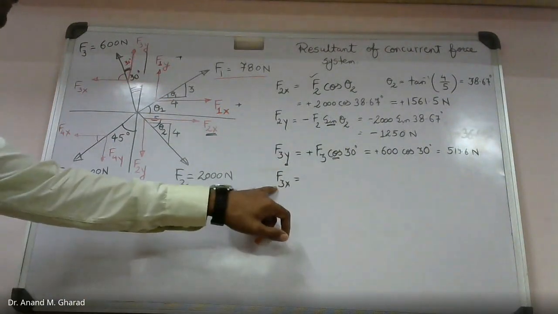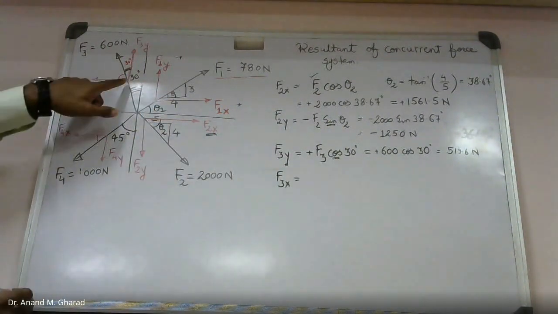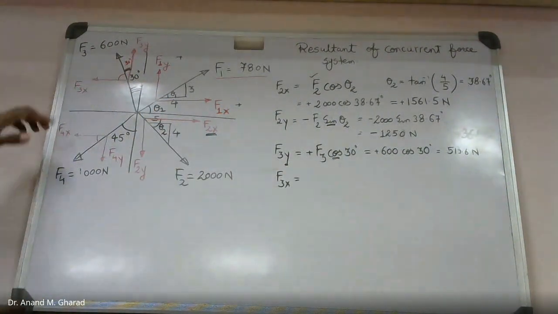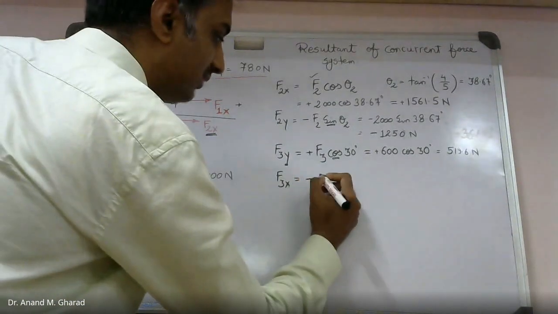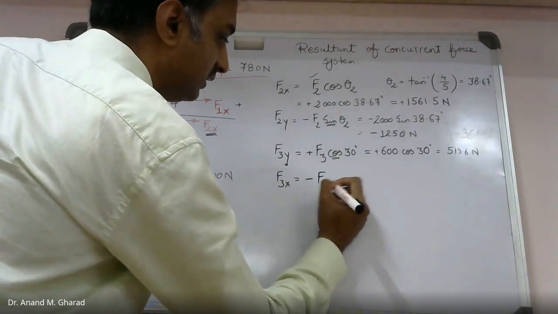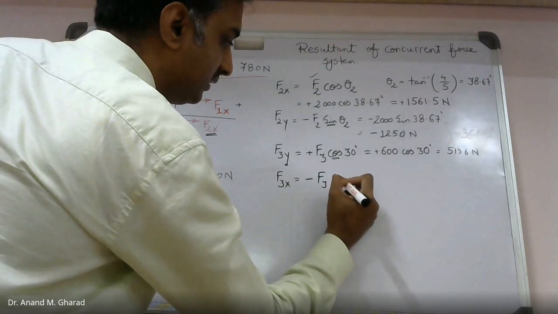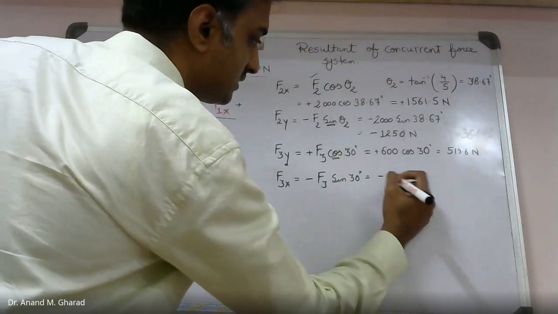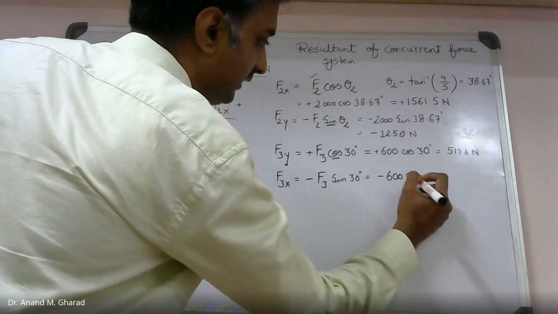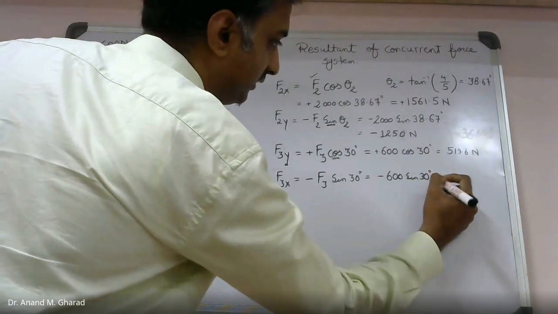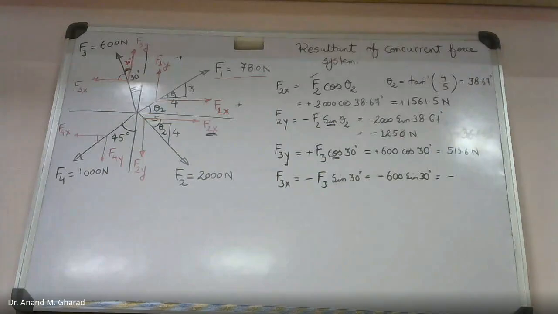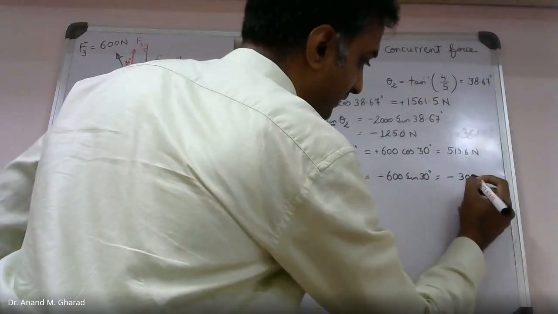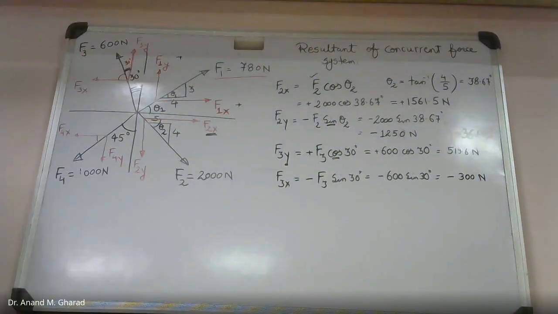And similarly F3x. How is the direction of F3x? Negative x. So minus F3 sine 30, minus 600 sine 30, which is minus 300 Newton.